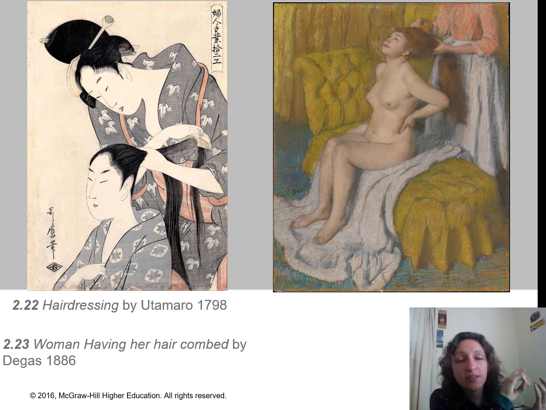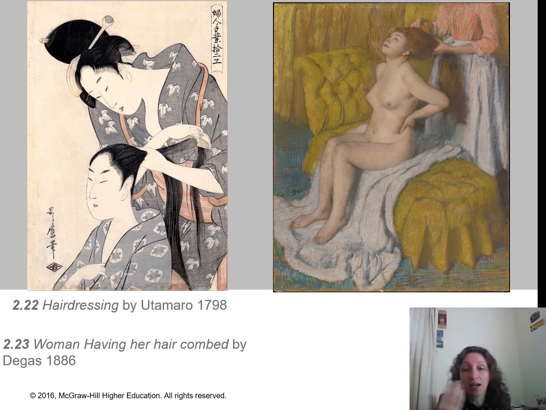Okay, so this is Hairdressing by Utamaro and A Woman Having Her Hair Combed by Degas. On the face, these artworks look very different and very similar, right? Their subject matter is obviously very similar. Both are one woman having her hair combed by another woman in a dressing routine, right?